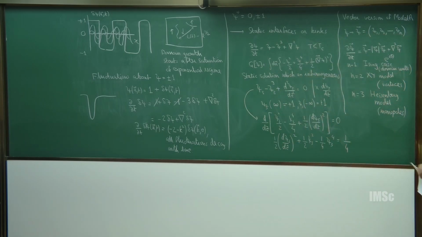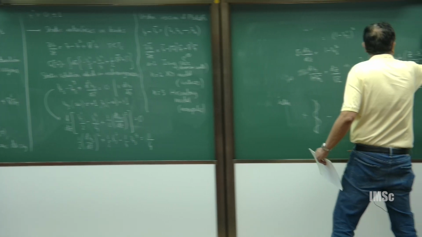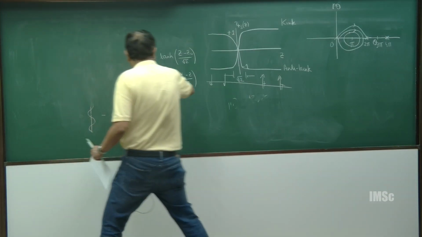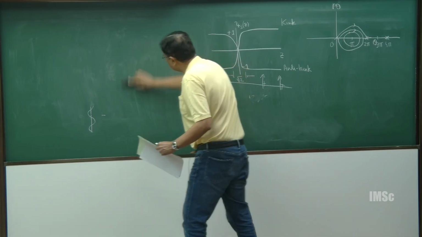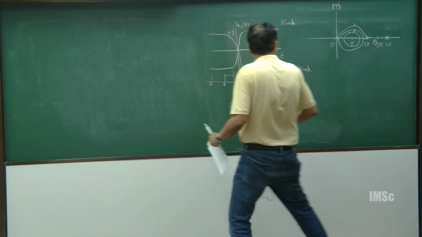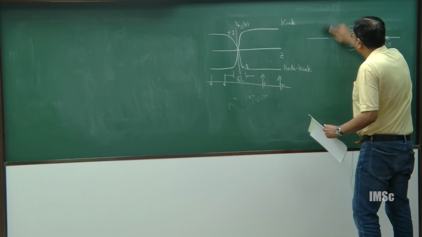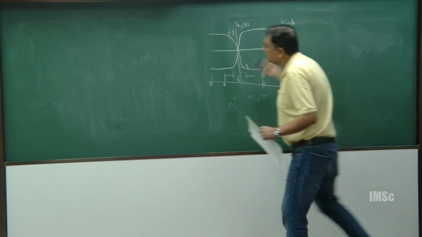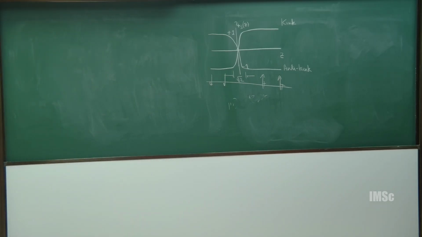Okay. So, the next thing I want to do is actually compute the surface tension cost of this kink. So, basically maybe I will just keep the kink up here and the anti kink, and then take it from there. Okay.